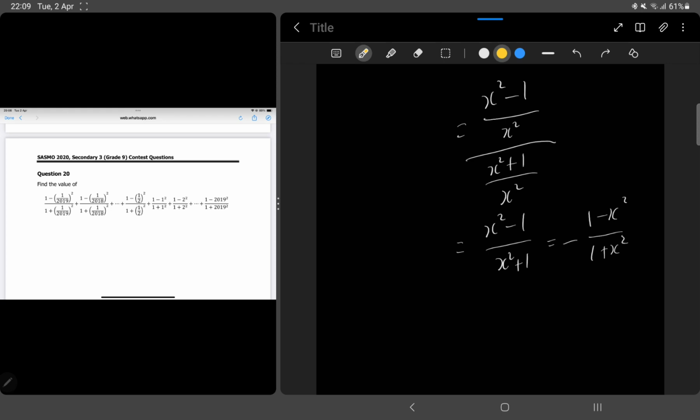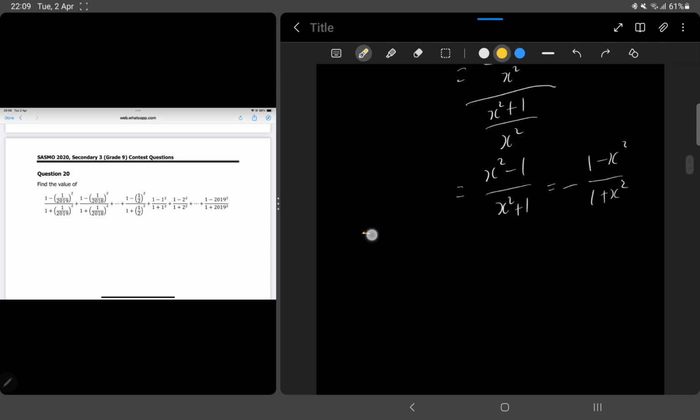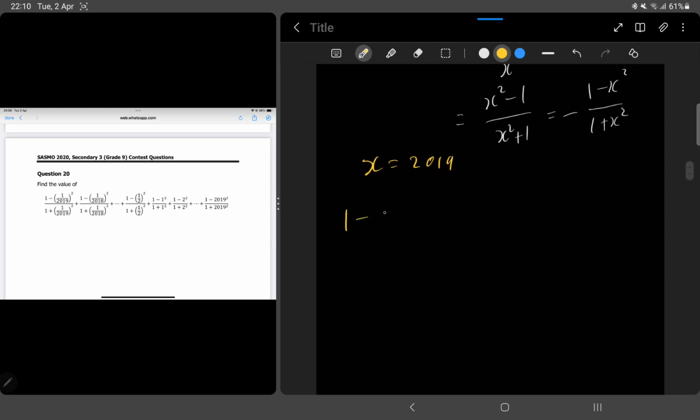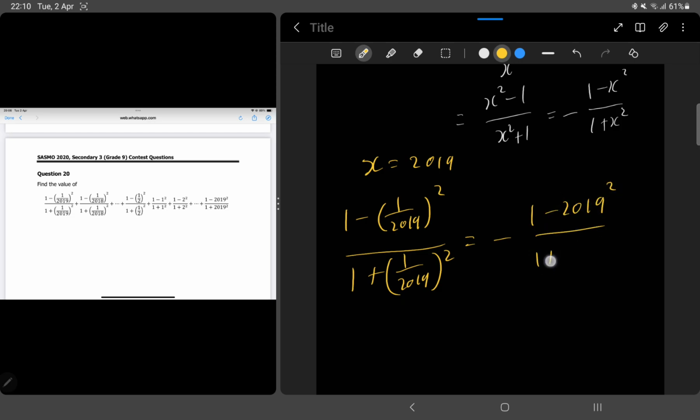So what this is saying, if we look at the two fractions on the edges, when x equals 2019, for example, 1 minus 1 over 2019 squared over 1 plus 1 over 2019 squared is the same thing as minus 1 minus 2019 squared over 1 plus 2019 squared.